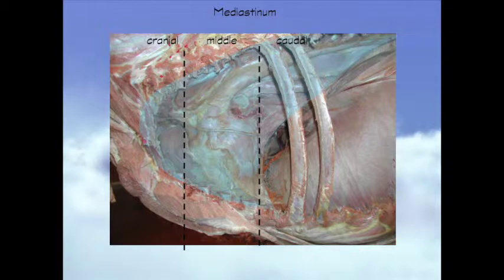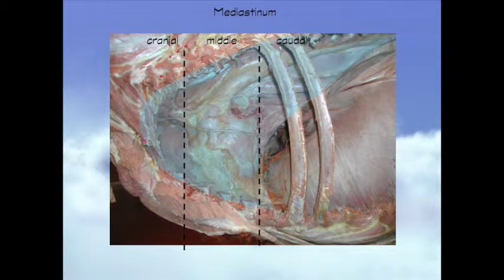We'll find several of the large vessels of the heart. We'll find the vagus nerve, the phrenic nerve, and the recurrent laryngeal nerves. We'll find cranial mediastinal lymph nodes, the end of the thoracic duct, and as we see in this specimen here, we've got some thymus in here. Okay, so this is a young animal.